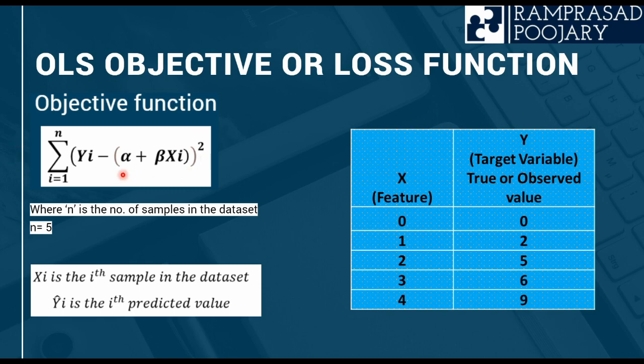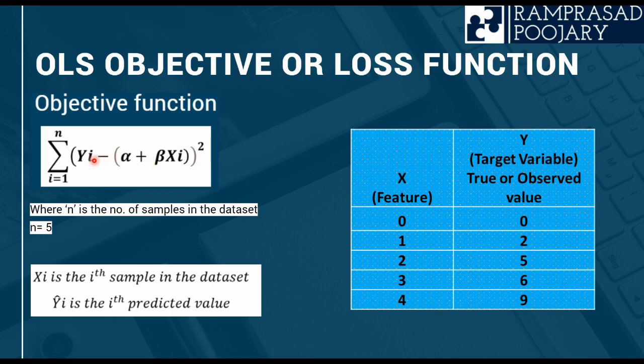So this is the objective function and we actually compute the sum of squared differences between the observed data point, so that is this one, and the predictions made by the model, which we saw in the learning function earlier. And for the model to predict, it requires alpha and beta along with the corresponding x values. So once alpha and beta are given, then the model can perform predictions and you get a yi cap.